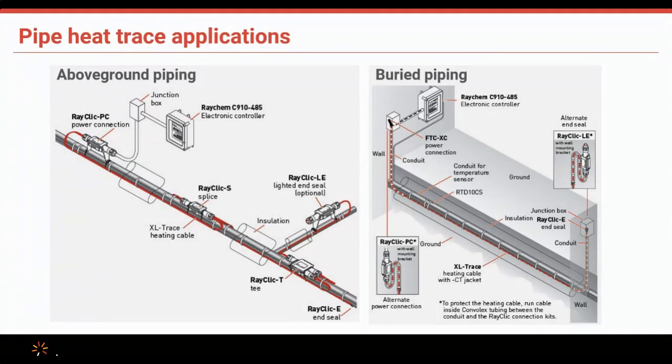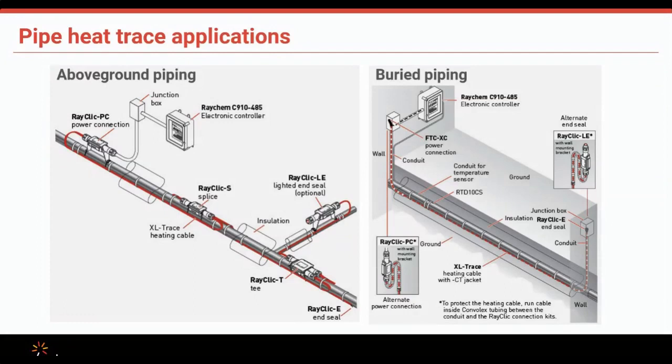In some cases, it might make more sense to go down a pipe system that's buried and come right back to the power connections location. And in some cases, as this diagram shows, it's okay to come out at the end with the end seal in a box that's above ground. So both are acceptable, but those are things that need to be recognized.